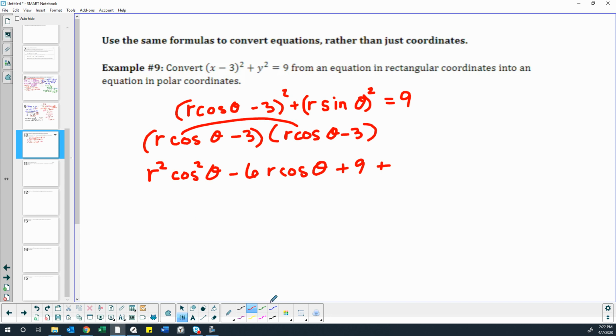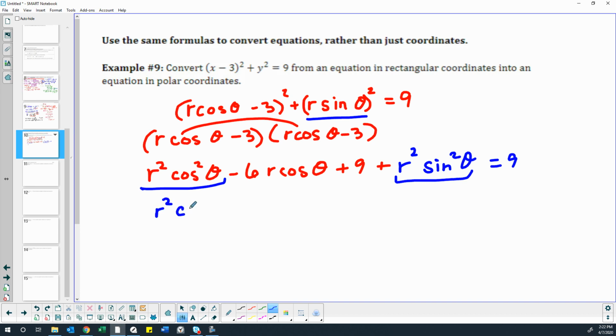All right, and then this part here would just be r squared sine squared theta. So then let's simplify this. We have r squared cosine squared theta and r squared sine squared theta, so let's put those together.